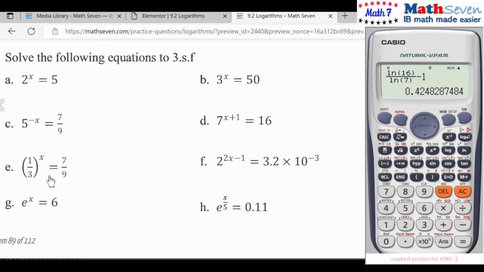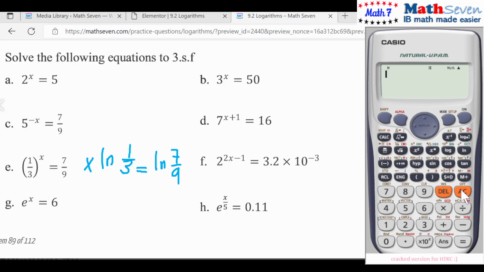For question number E, again, the same thing. You give ln to both sides of the equation. See what happens. It becomes x ln 1 over 3 equals ln 7 over 9. So divide both sides by ln 1 over 3. Quickly on the calculator, grab the calculator, AC it.